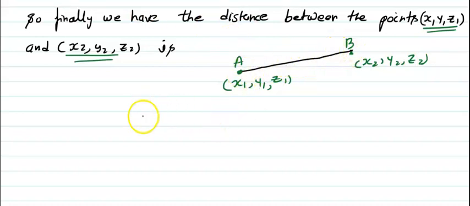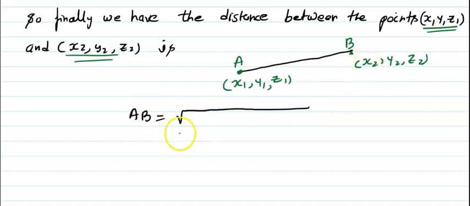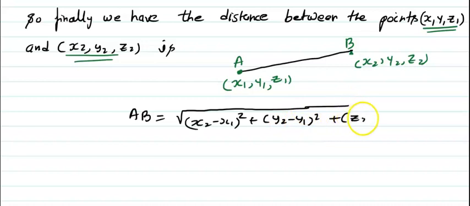Okay, so AB can be given by, AB is the square root of x2 minus x1 whole square plus y2 minus y1 whole square plus z2 minus z1 whole square.